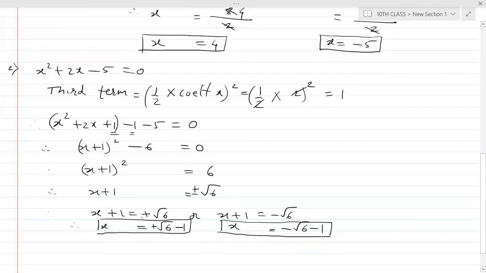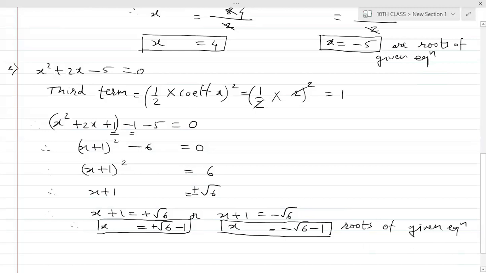These are the required roots. Thus we have solved the equation x square plus 2x minus 5 by completing square method.